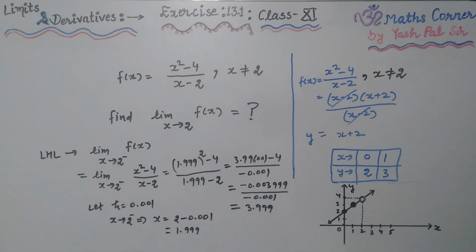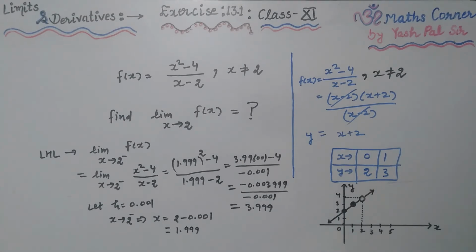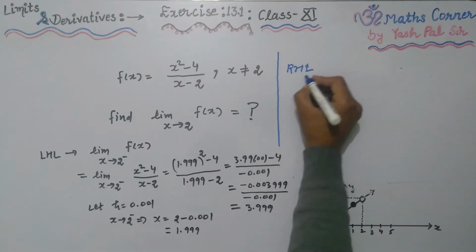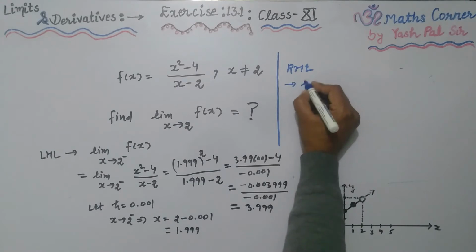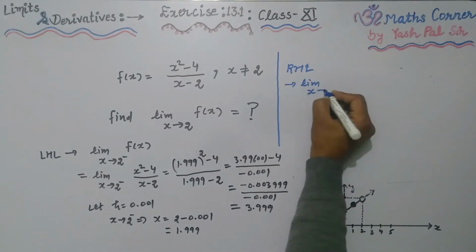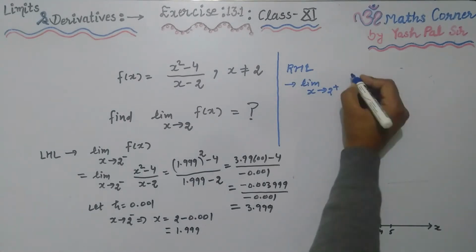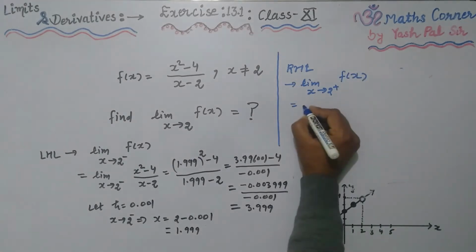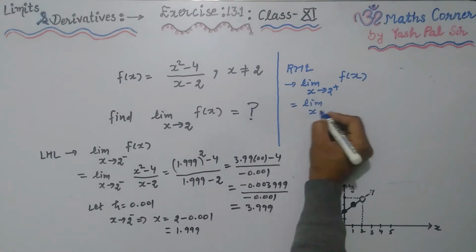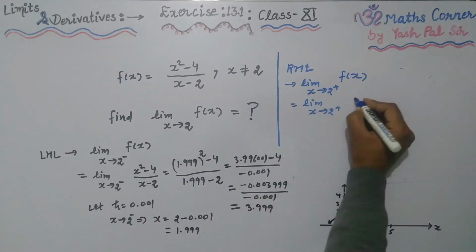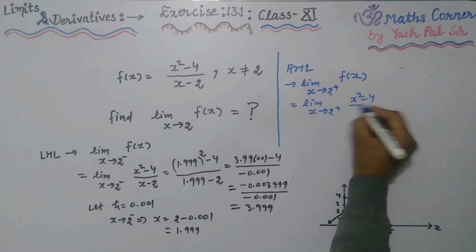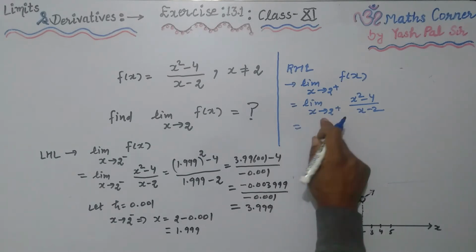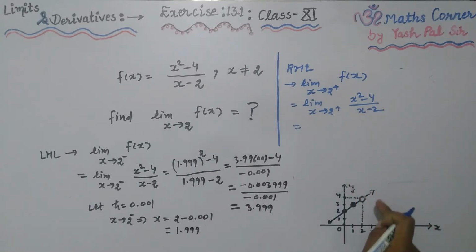Similarly, now we are going to discuss the right handed limit. So here we take the limit as x approaches 2 plus of f of x. This is equal to the limit as x approaches 2 of x squared minus 4 divided by x minus 2. Okay, here we put 2.001.